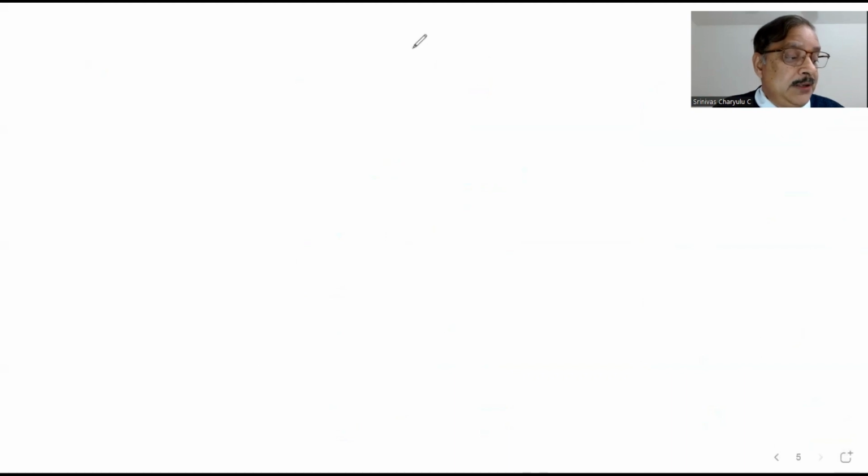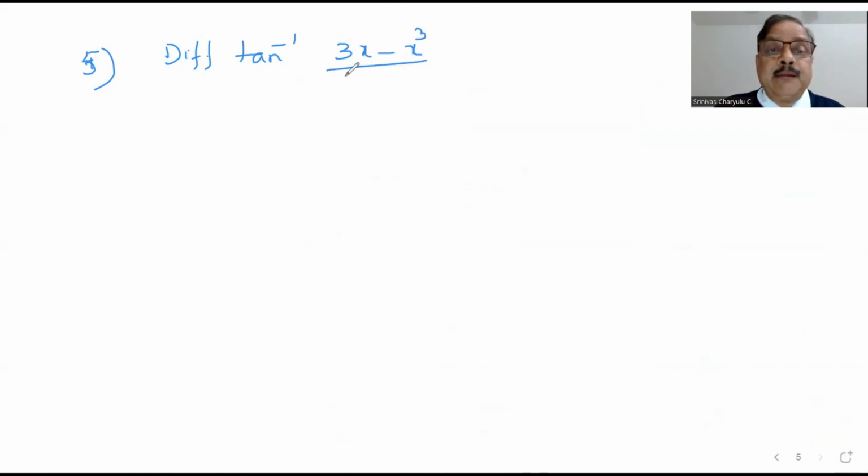Next, one more sum, let us see. Differentiate tan inverse 3x minus x cube divided by 1 minus 3x square. Here also we have to take substitution. Put x is equal to tan theta.